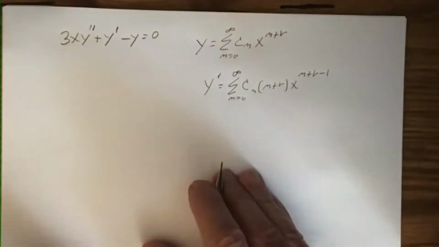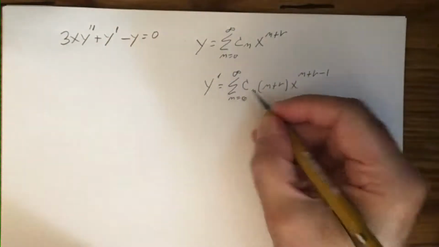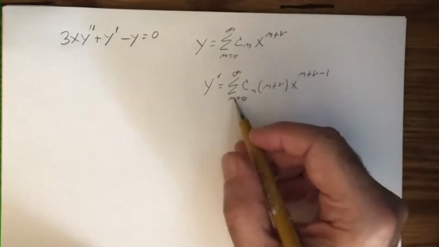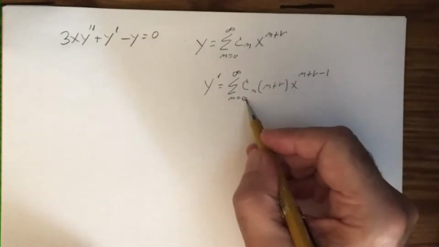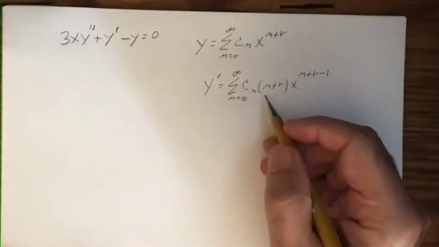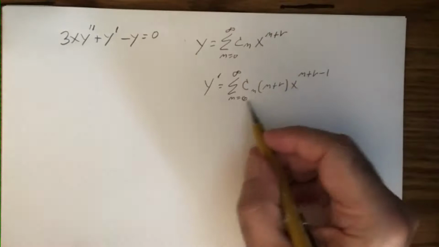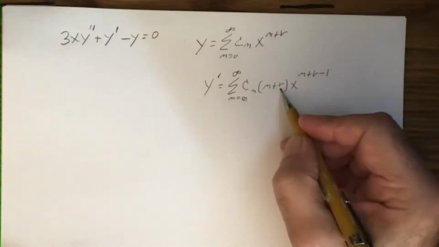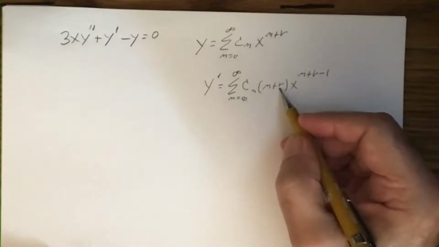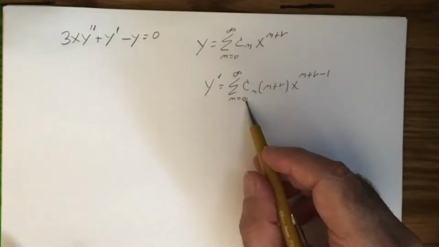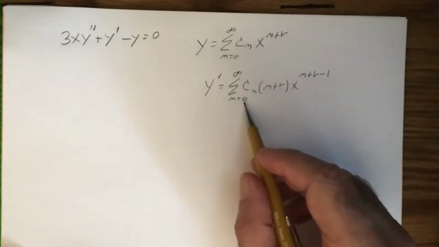Now remember, yesterday when we assumed the form, we started it from 1, because when n is 0, that term is 0. But in this case I have to start it from 0 because I don't know what r is going to turn out to be. So when you take the derivative, you're not going to increase the index.